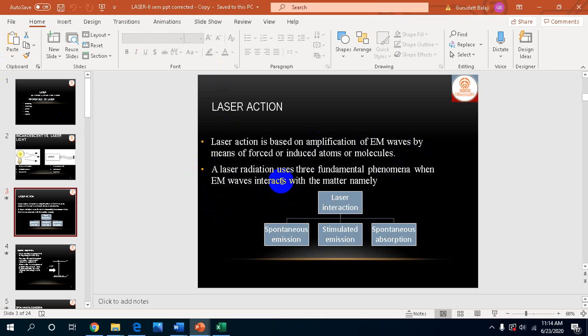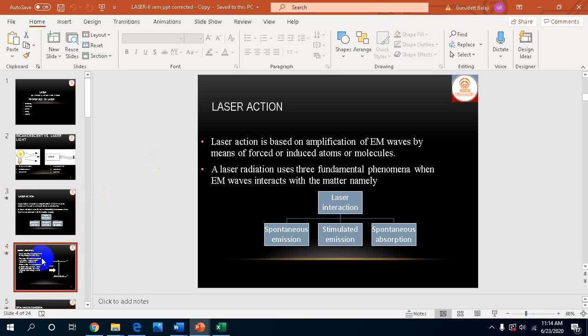A laser uses three fundamental phenomena when electromagnetic waves interact with matter. They interact in three different ways. What are the three different ways? Spontaneous emission, stimulated emission and induced absorption.